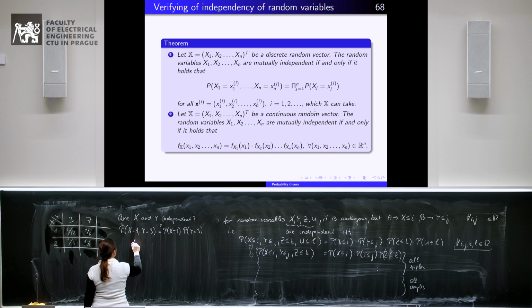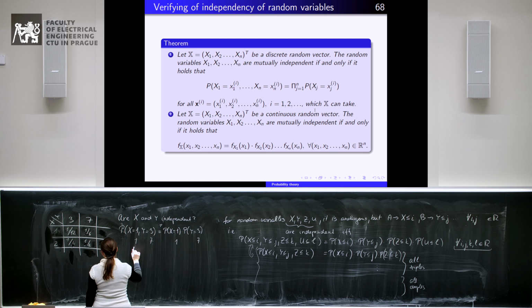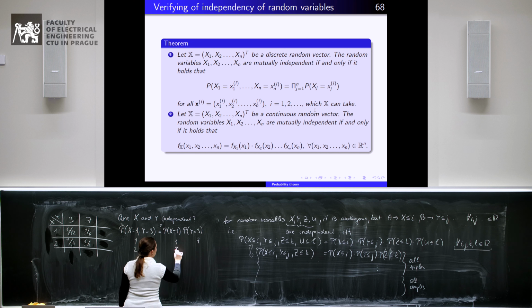Then the probability that x is equal to 1 and y is equal to 7 must be equal to the product of the marginal probabilities. And it must be verified for all combinations we can get.